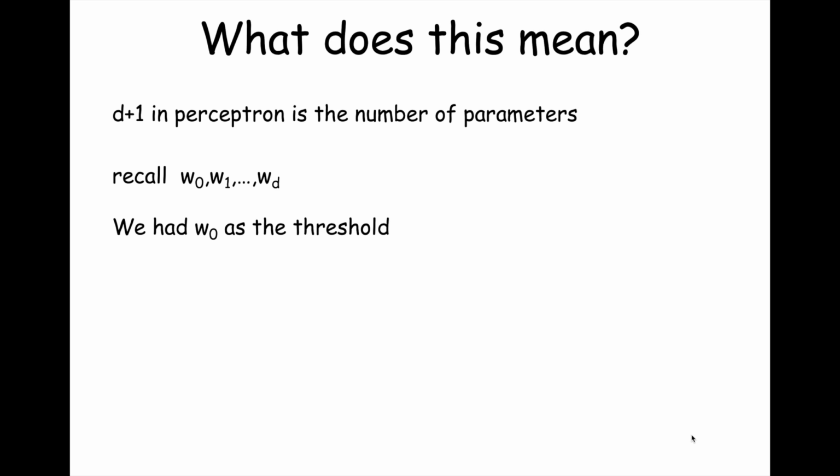Then we augmented with w naught, originally intended to represent the threshold, minus t, from way back when we talked about PLA. So the number of parameters in the perceptron is d plus 1, which is exactly the descriptive power of this perceptron. That fits directly with the theory.